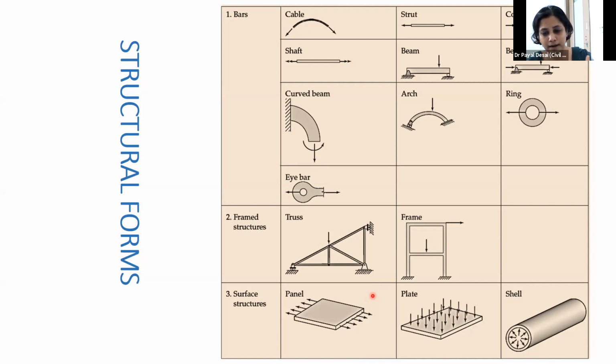And there is a type of structure where two dimensions are larger, but they are analyzed and designed to carry the transverse loading, that is the bending, and we call it a plate.